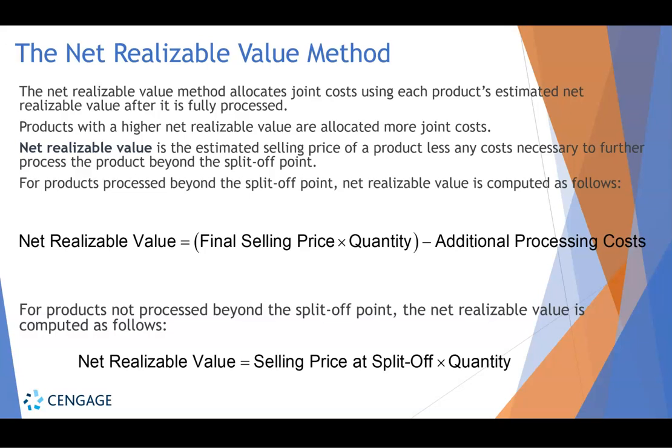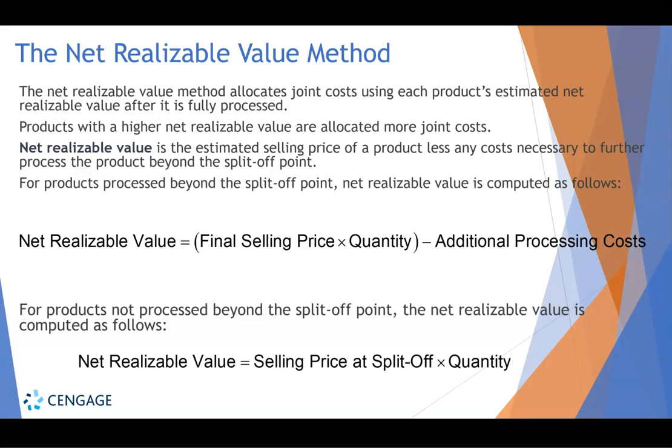Next, we have the net realizable value method. And in using this method, we allocate joint cost using each product's estimated net realizable value after it's been fully processed.